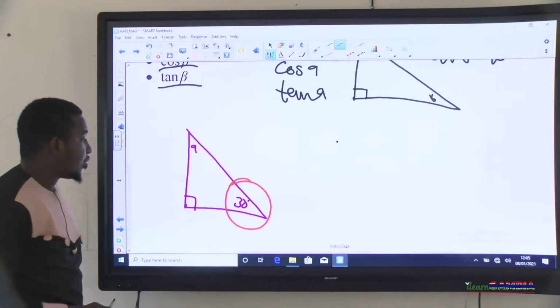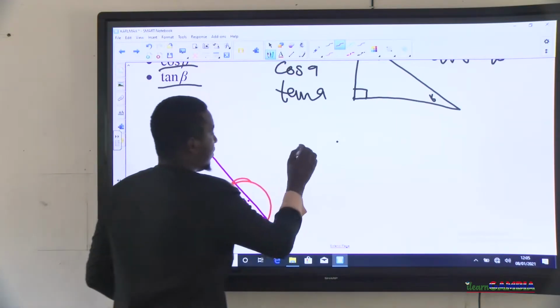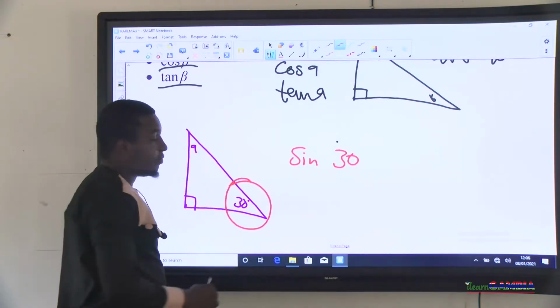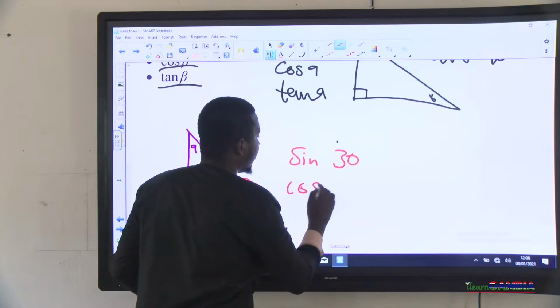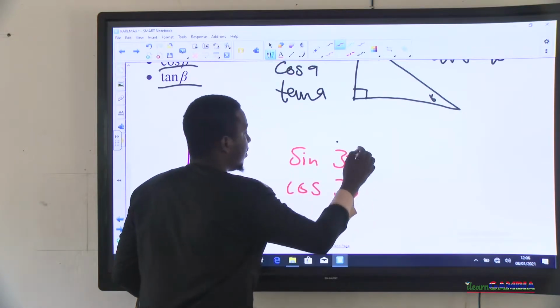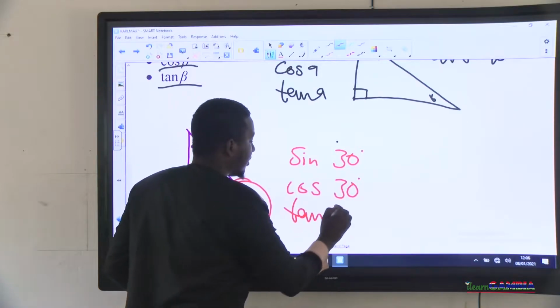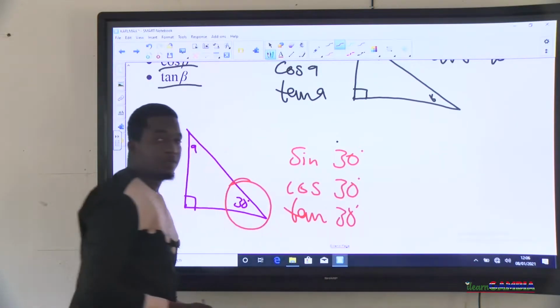So the trig functions will now be sine 30, or we have cos 30 if you are dealing with cos, and it is going to be tan 30 if you are dealing with the tangent.